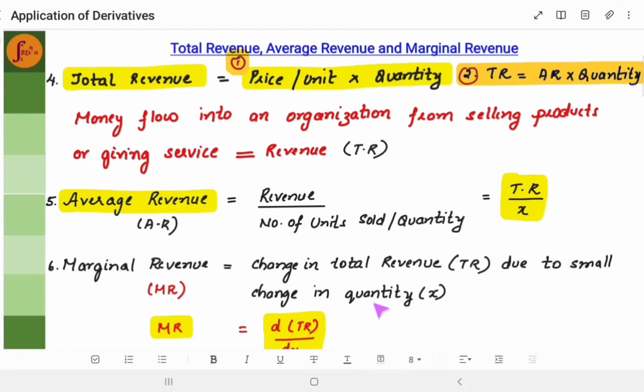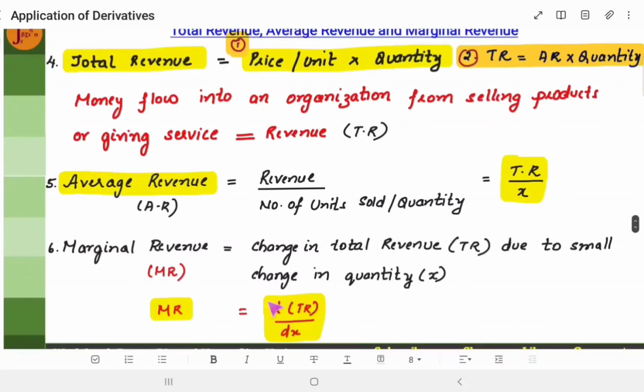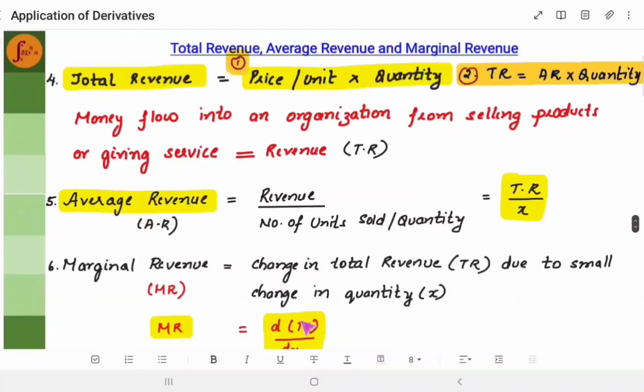That is, if you are adding a small additional quantity, what is the revenue generated from that small quantity? This is obtained by differentiating total revenue. Now, why is it differentiating? Because we are trying to figure out the change in revenue with respect to change in quantity. That's why it is differentiation here.